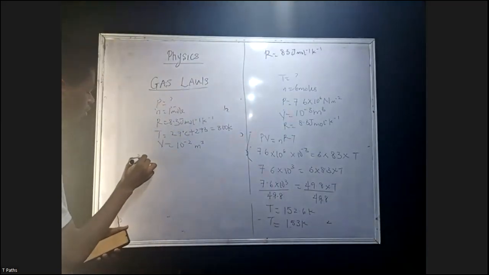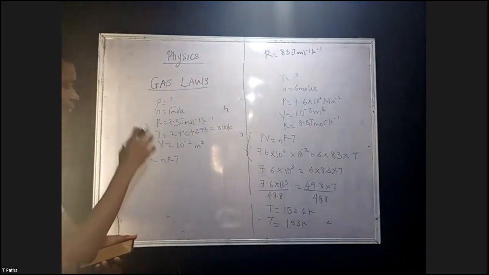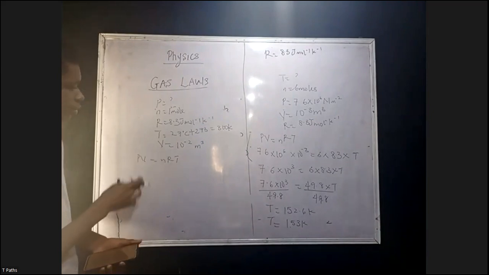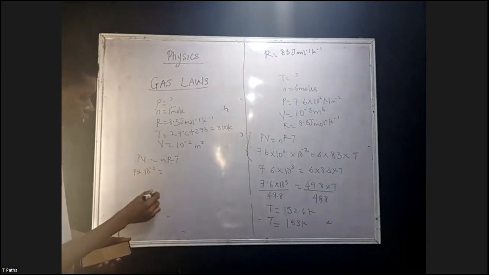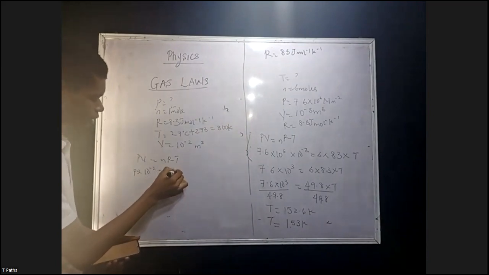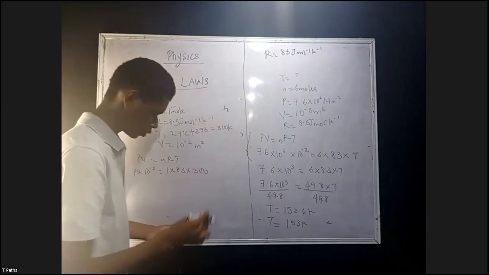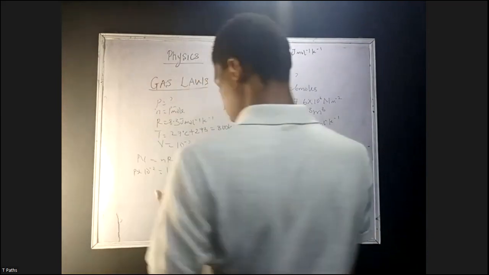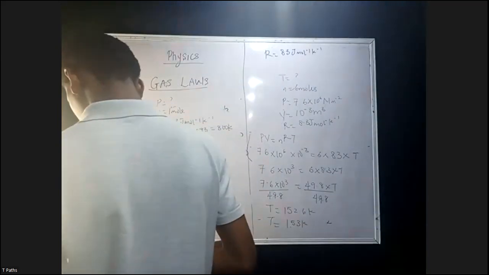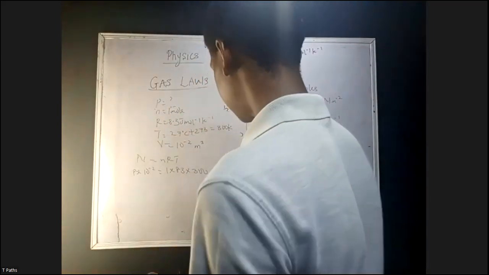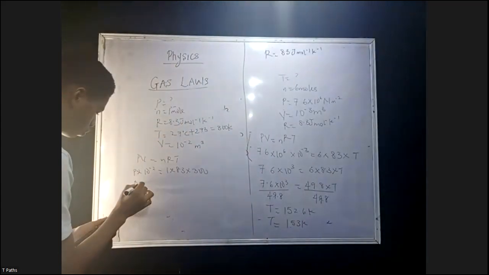So I can say PV is equal to nRT, which is my formula, the general gas equation. Then P times 10 raised to the power minus 2 is equal to 1 times 8.3 times 300. Multiplying all of this together, 8.3 times 1 times 300, gives me 2,490.